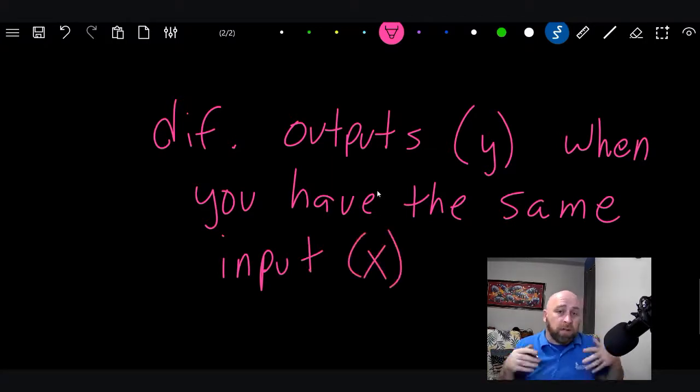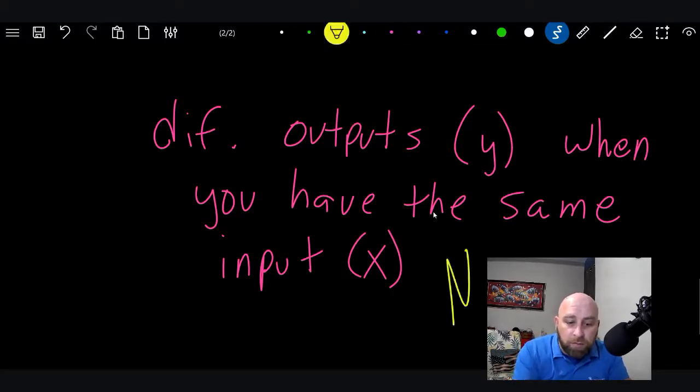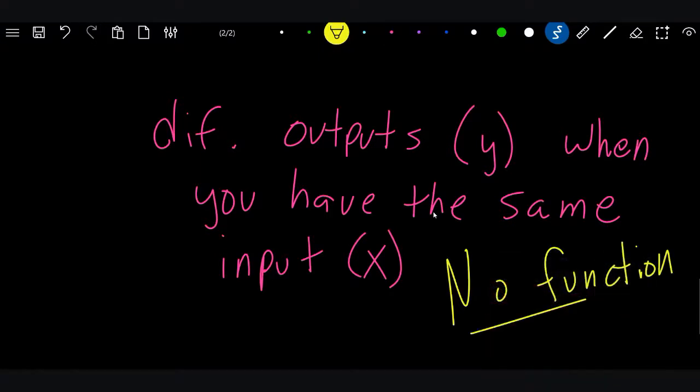Okay, so in other words, if you have the same x and you have a different y, then it's not a function. Okay, so different outputs for y when you have the same input, this would be no function. Okay, what do I mean by that? Let me show you one.